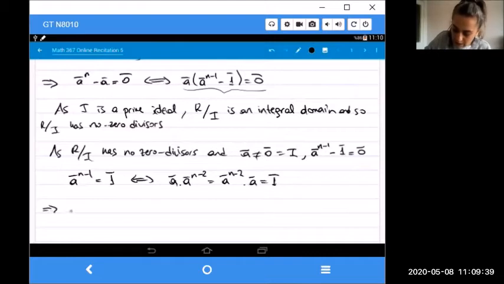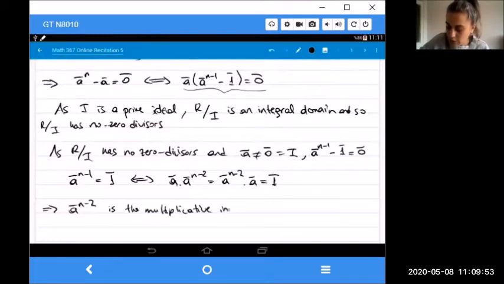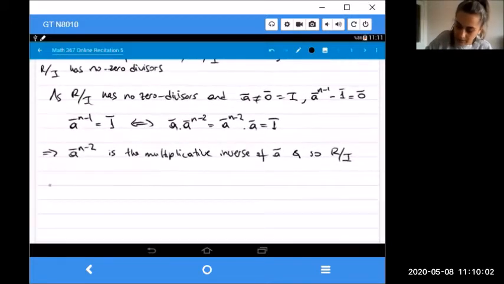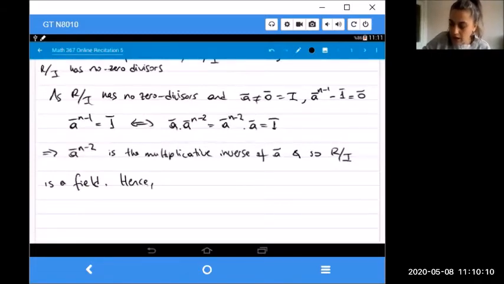So this implies that a bar to the power n minus 2 is the multiplicative inverse of a bar, and so R over I is a field. Okay, R over I is a field means that hence I is maximal. I is a maximal ideal.